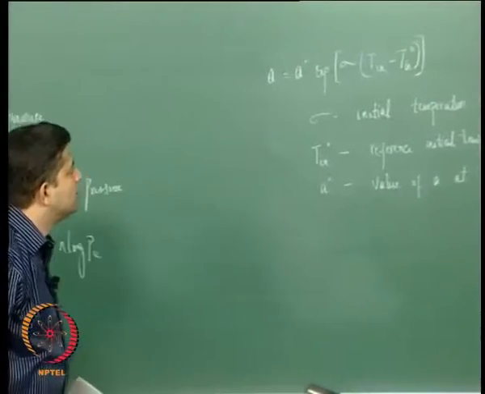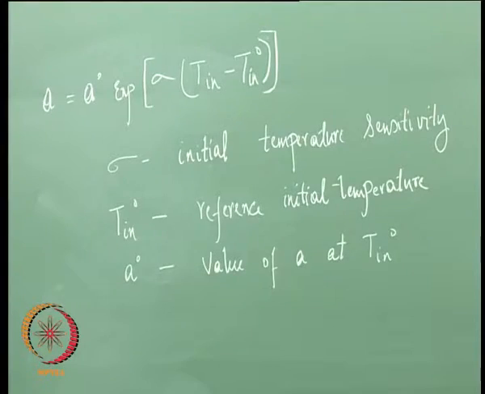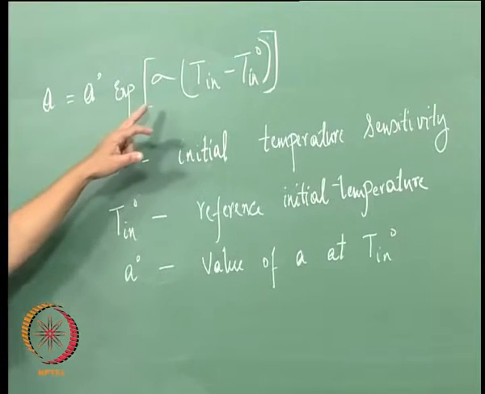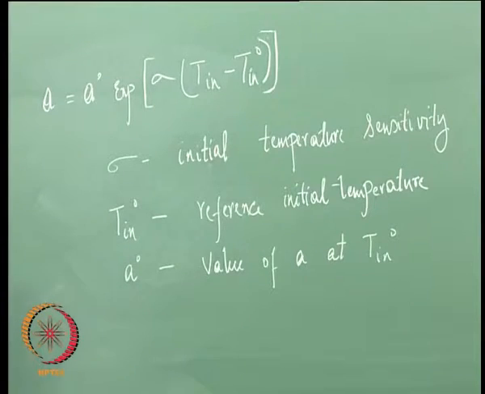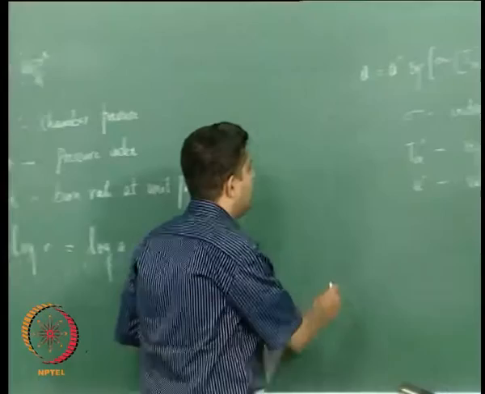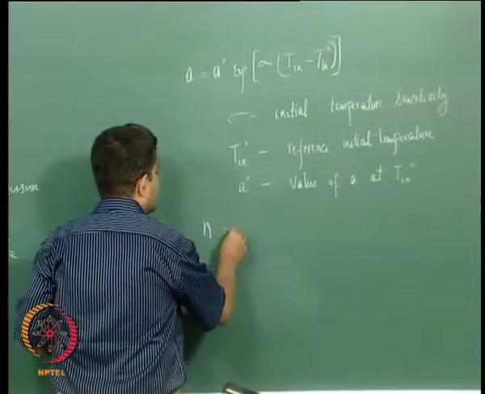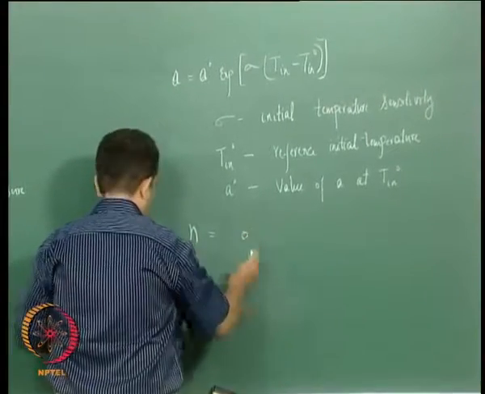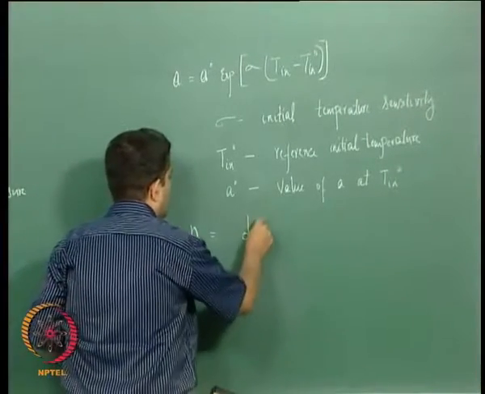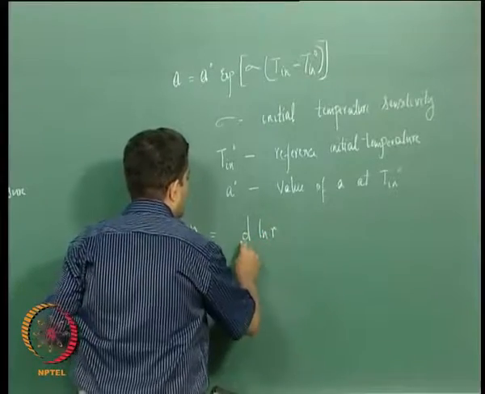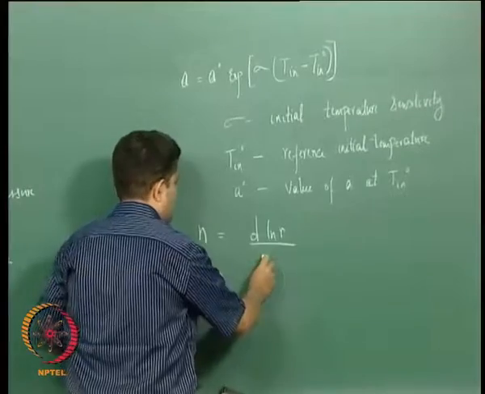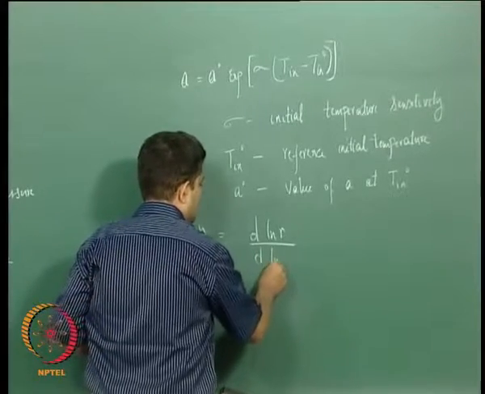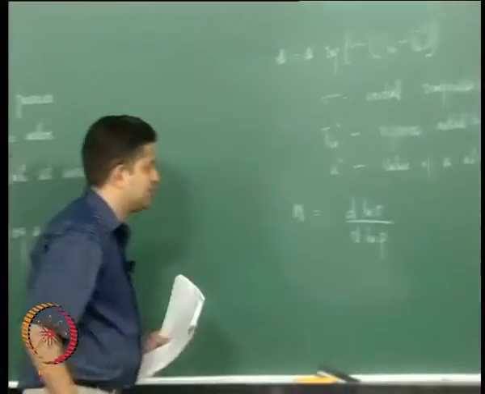Okay. And if you work this out, you can get the expression for sigma and n. n will be very simple. n is nothing but the logarithmic derivative of burn rate with respect to pressure.